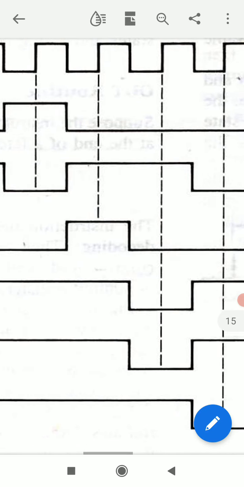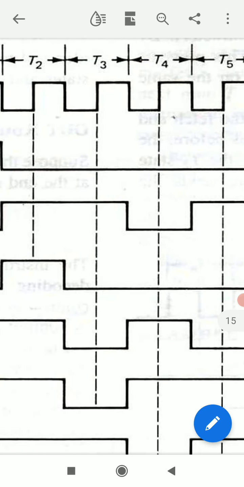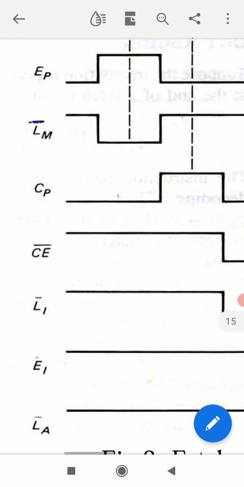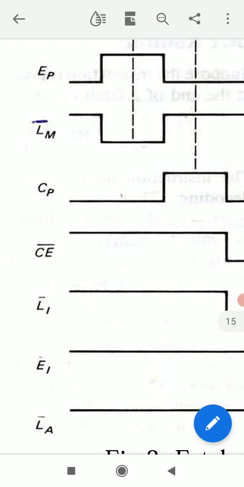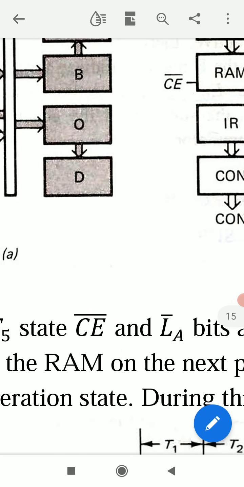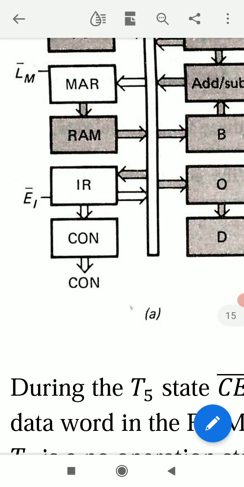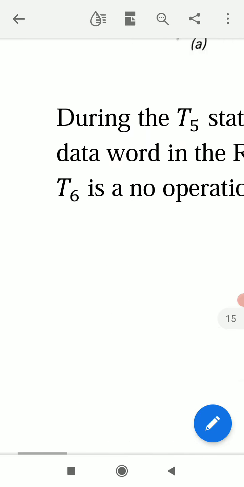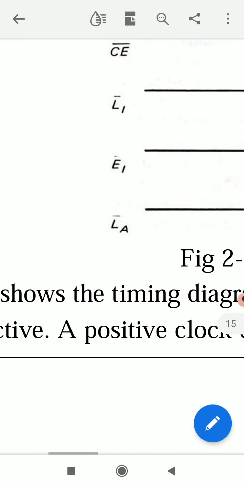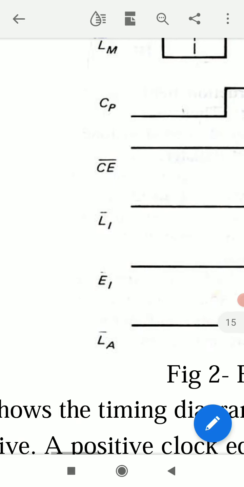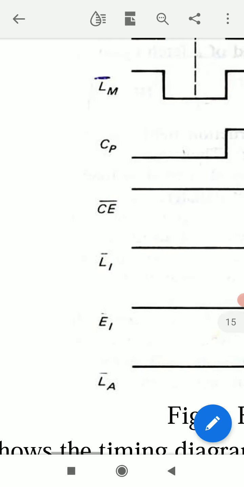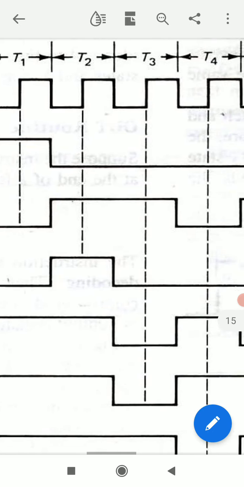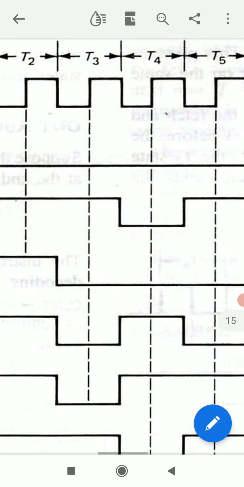So in this T4 state, we see EI bar and LM bar. This is LM bar. It is 0 in T4 state.